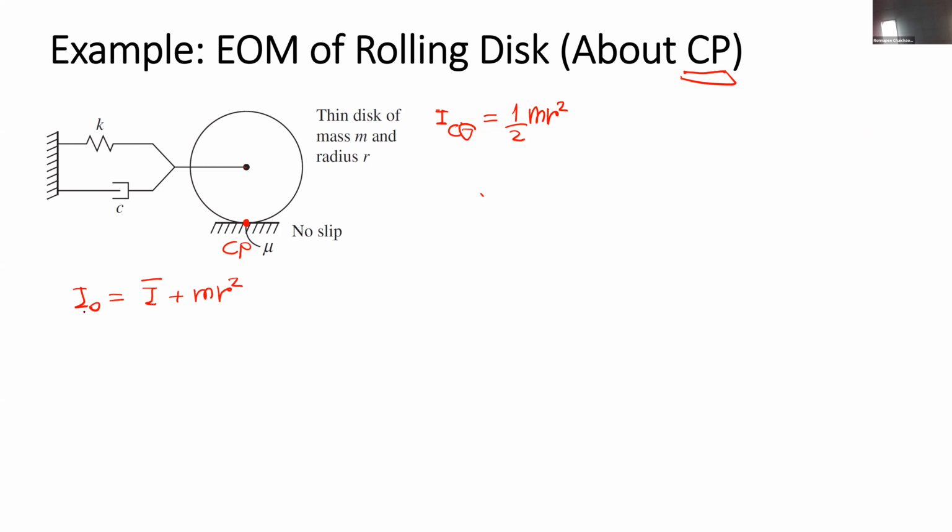It means I about any arbitrary point is equal to I about the CG, or I bar, plus m r squared, where r is the distance between the CG and the point O. So in this case, if we want to derive the moment of inertia about the contact point instead of the CG, it will equal I_CG plus mass multiplied by the radius squared.